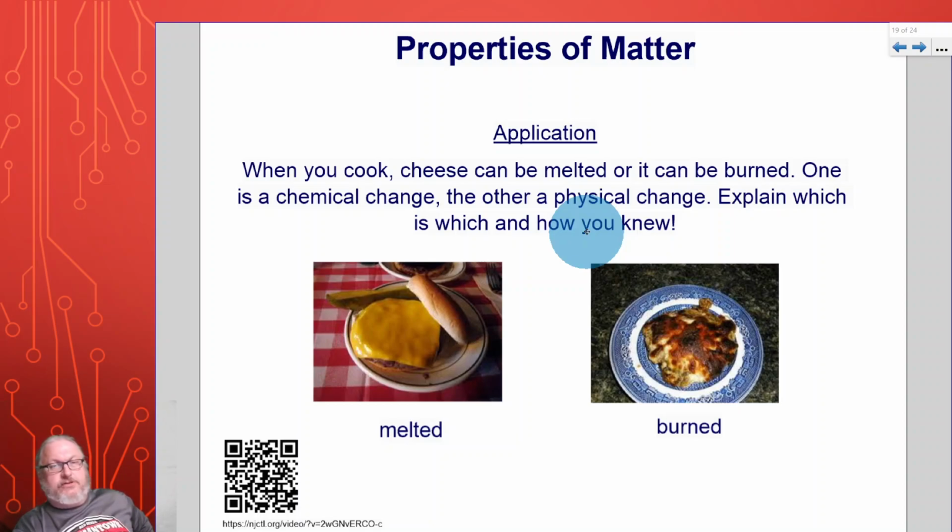Now, one of those is a chemical change and one is a physical change. Which is what? Well, if my cheese turns dark, okay, I've burned it. When I melt it and it starts to flow over the burger, then I've changed the physical state of the cheese.